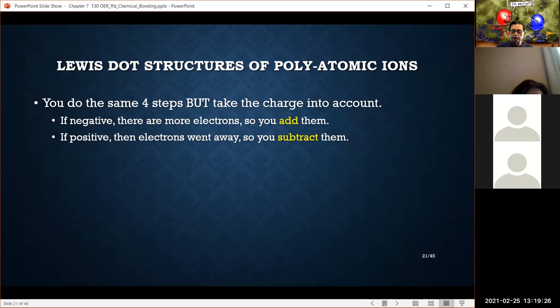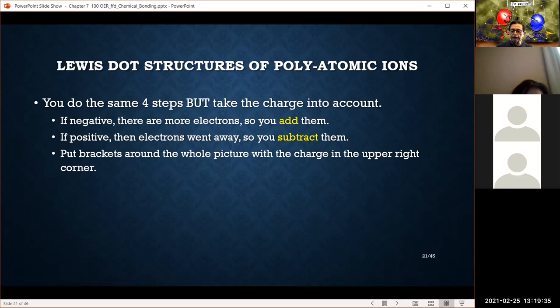If it's a +1 charge, take away 1, +2, take away 2, etc. Then we can divide that number by 2 to give us the number of bond pairs, like we normally would. Then at the end, we draw the brackets around it, and we put the charge in the upper right-hand corner.